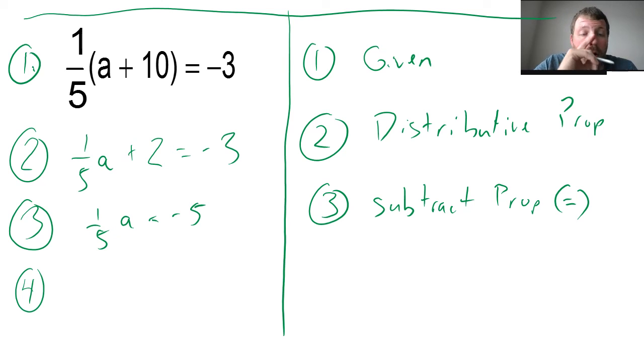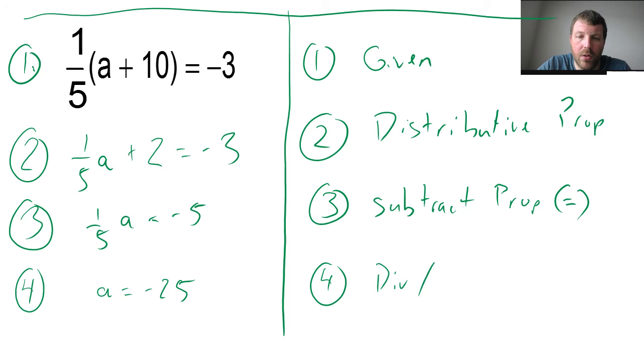Either way, when I multiply both sides by 5, or divide both sides by 1/5, I'm going to get -25. So now I have A equaling -25. Now how did I get that? Well, it's up to you. You could have divided, you could have multiplied, so I'm just going to put them both here. Division/multiplication property. And again, it's of equality because remember, we're looking at equations.